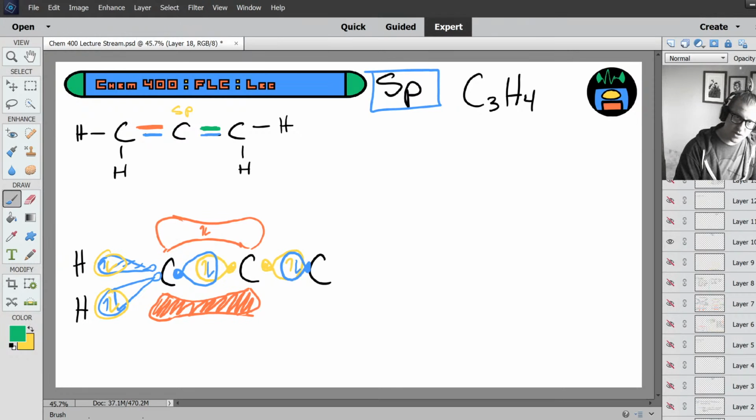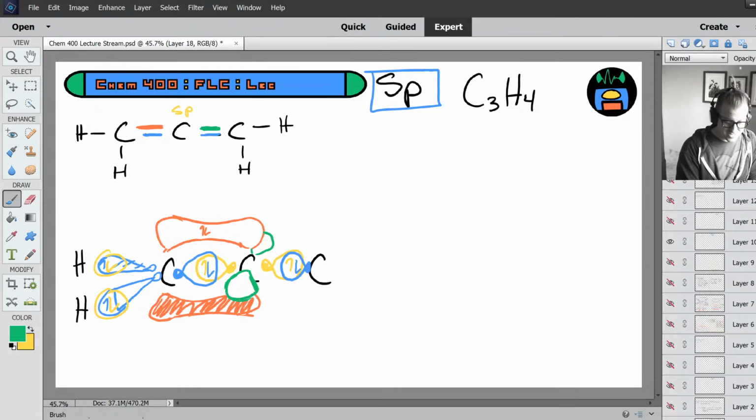The carbon on the very right cannot use pz to form the new pi bond because the carbon in the center has already used pz. Pz on that central carbon is already bonding to the carbon on the left. The only orbital left unused for our carbon in the center is its unhybridized px orbital. All right? It's its unhybridized px orbital.